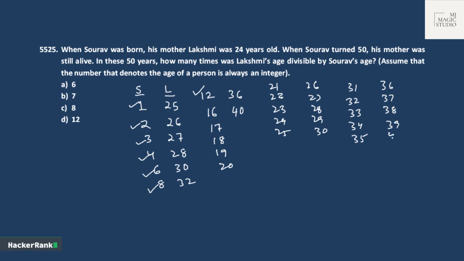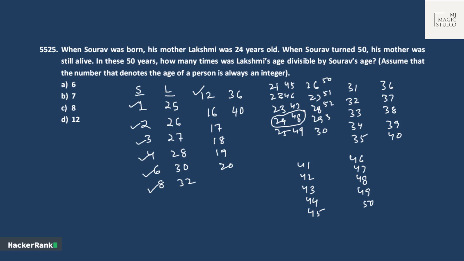Why can't we write this? 41, 42, 43, 44, 45, 46, 47, 48, 49, 50. These are the ages of Saurav. 40, 41, 42, 43, 44, 45, 46, 47, 48, 49. Nothing matching. 24 and 48. 48 is divisible by 24.